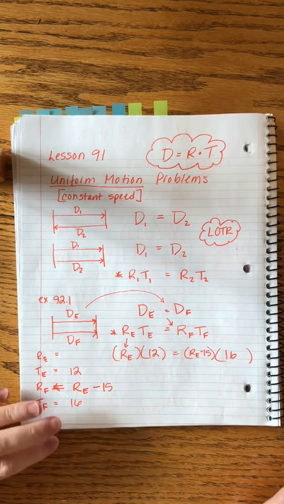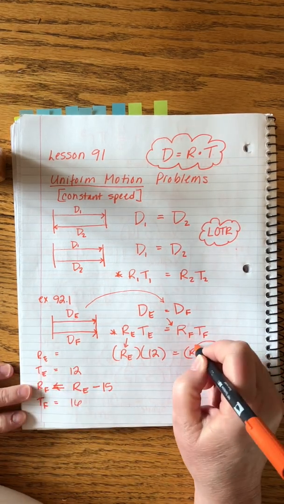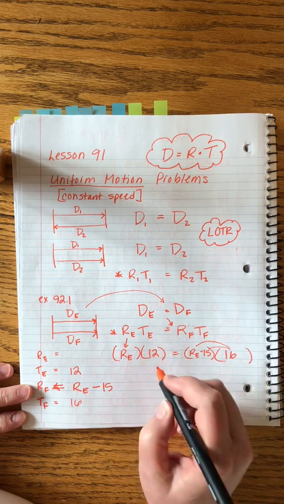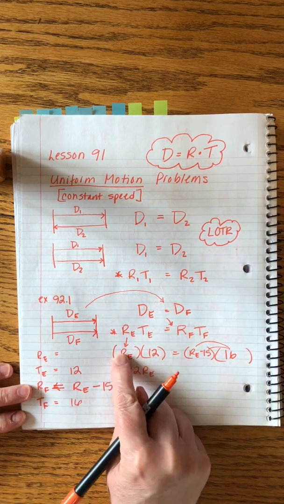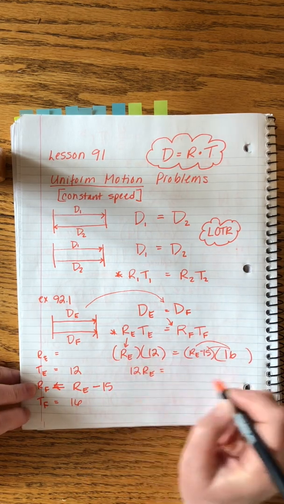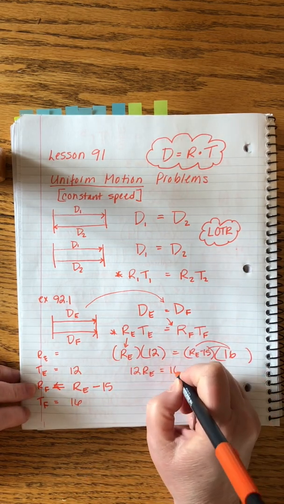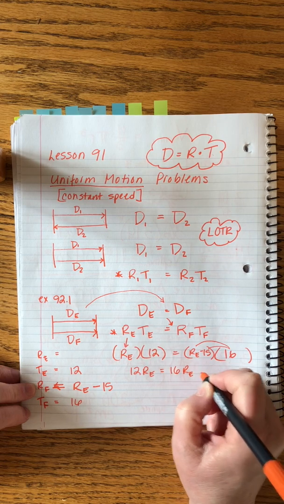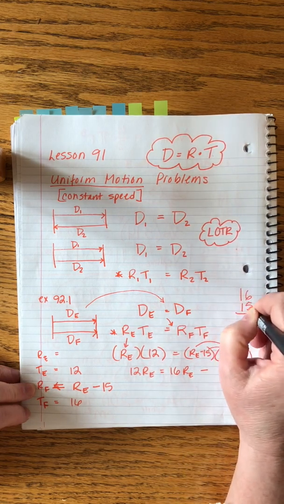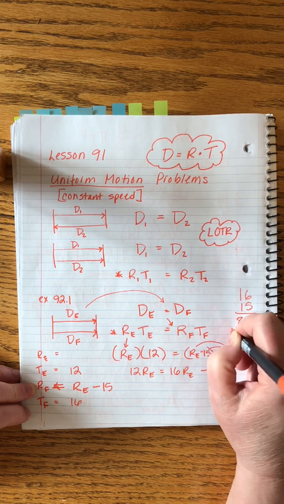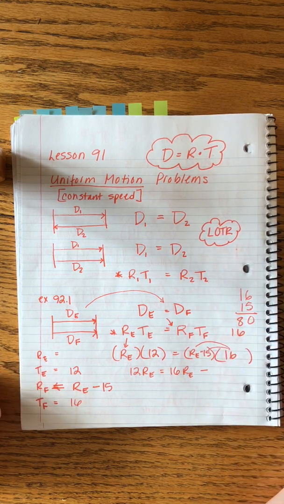So now we're just multiplying. I'm going to distribute here, and I'm going to rewrite this so it looks the way I want it. I like to have numbers before letters. Equals 16 RE minus, what's 15 times 16? 240.